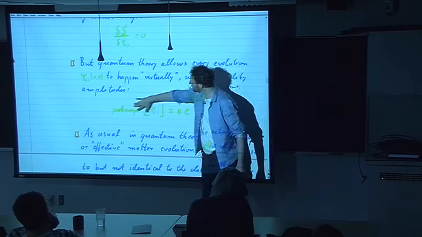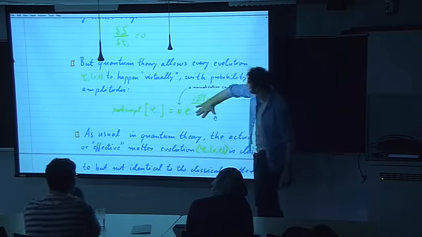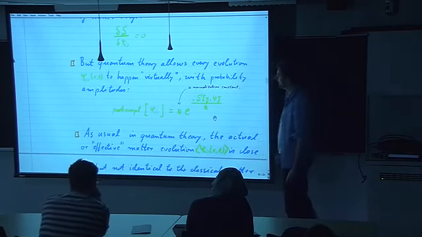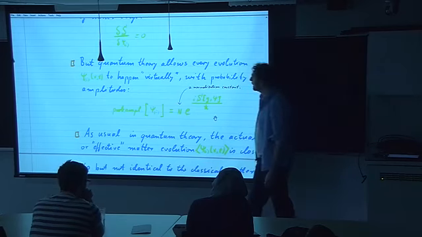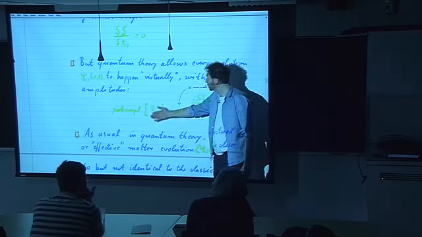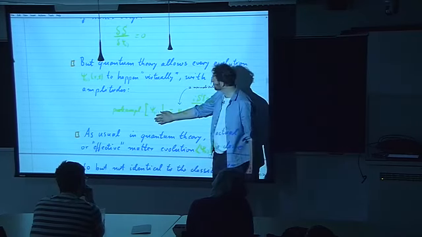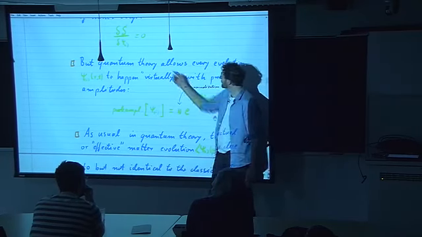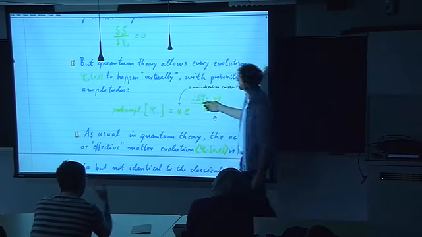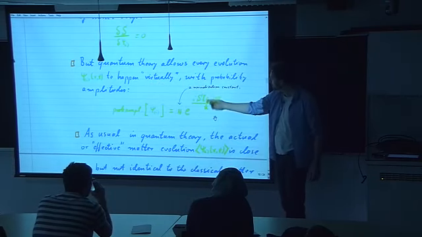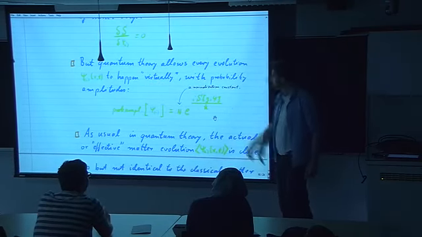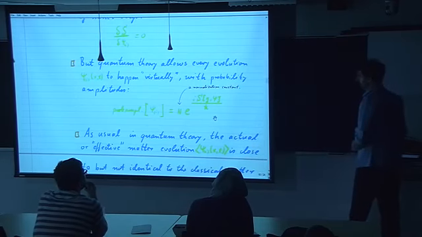It has a certain probability amplitude given by this expression. And then you can calculate what is the most likely evolution, and the most likely evolution is the one where the phase is stationary, because in all other cases you have a strong cancellation of these rapidly oscillating complex phases.